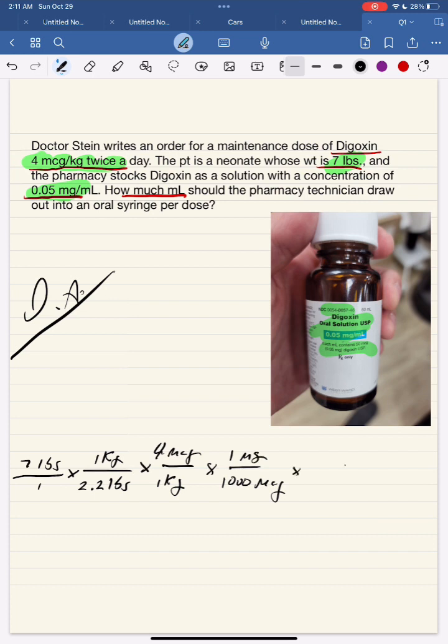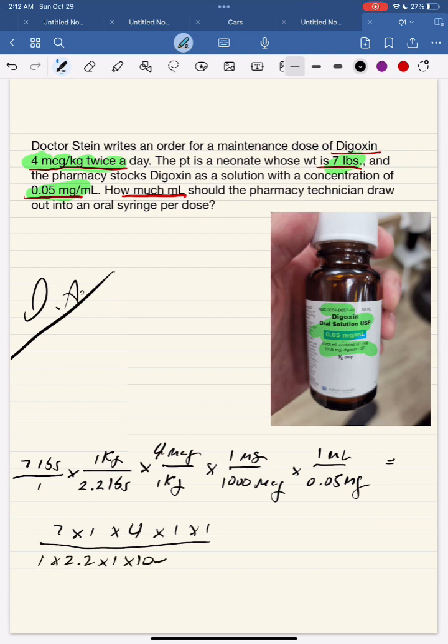And we know that the concentration of the solution is what? 0.05 milligrams per 1 ml. Okay. So now we just do 7 times 1 times 4 times 1 times 1 over 1 times 2.2 times 1 times 1,000 times 0.05.